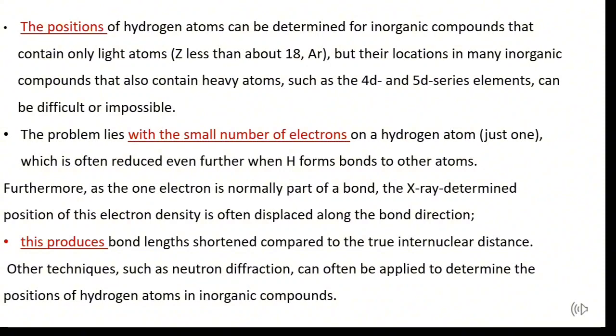The problem lies with the small number of electrons. A hydrogen atom has just one electron, which is often reduced even further when it forms a bond to other atoms.